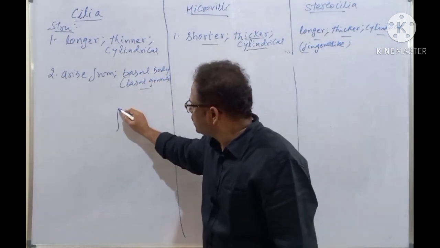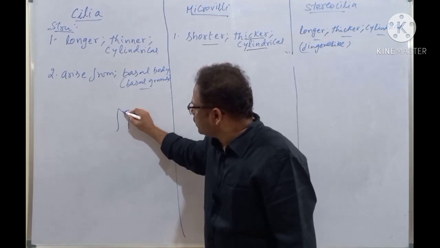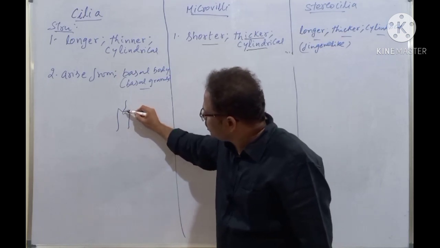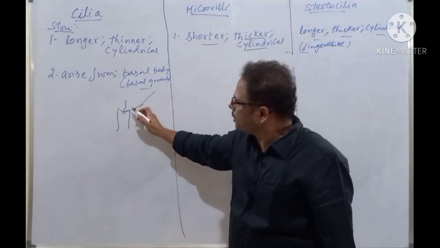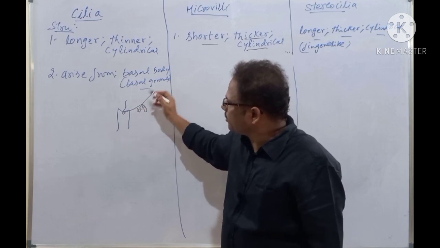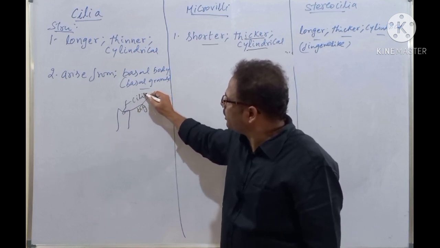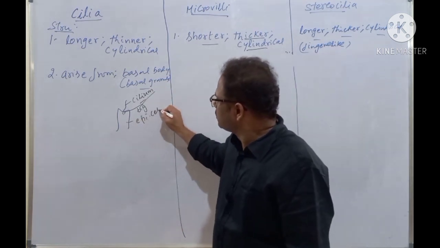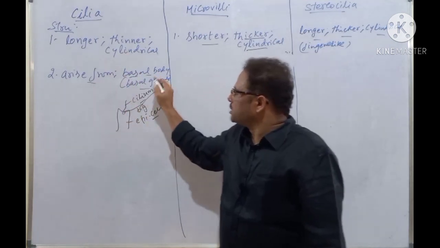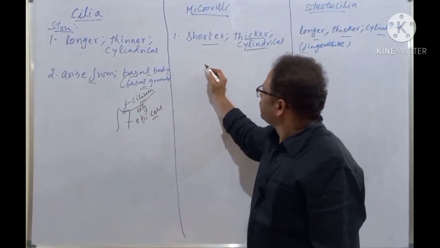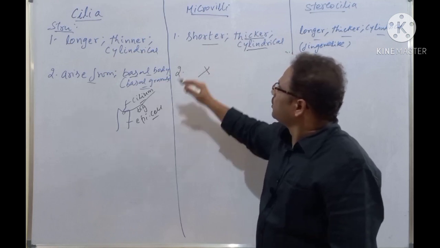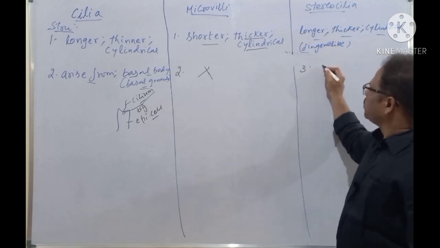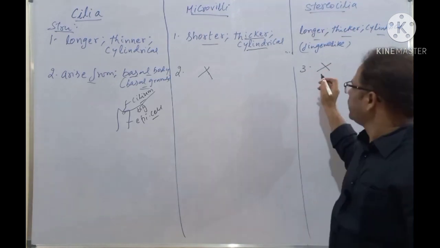For example, here is an epithelial cell, and here is a cilium. Here is a small structure called a basal granule, BG I'm writing, and this is the cilium, because we had drawn only one. Cilia arise from the basal body or basal granule, whereas in the microvilli the basal granule is absent. In the stereocilia also, the basal granule or basal body is absent.